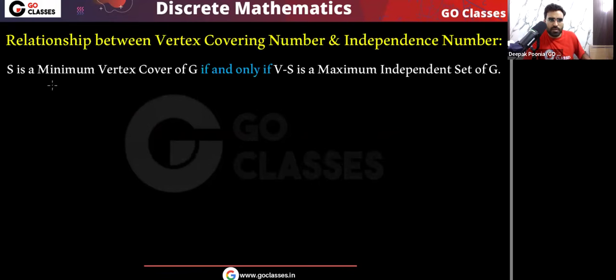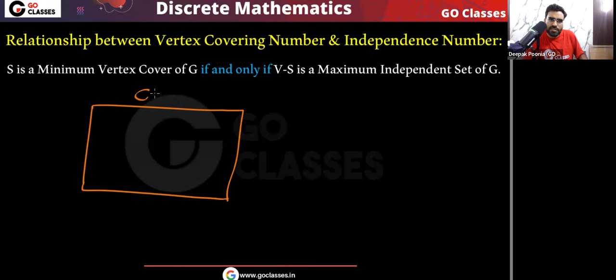We have already seen that if S is a minimum vertex cover, then the remaining vertices V minus S will be a maximum independent set. If this is the graph G(V, E), this is a subset of vertices, and these are the remaining vertices.